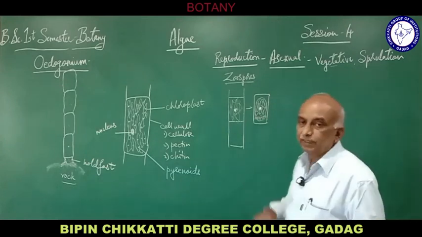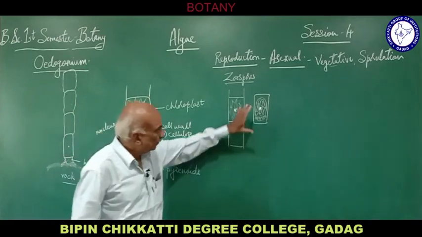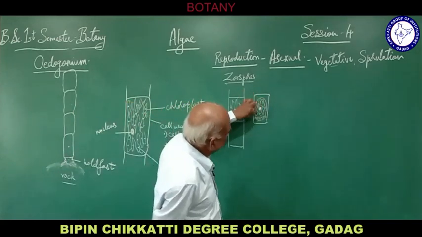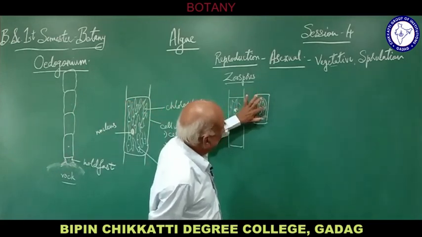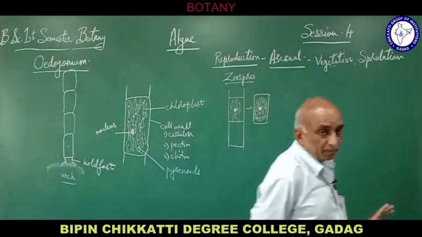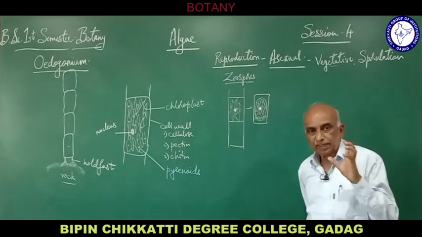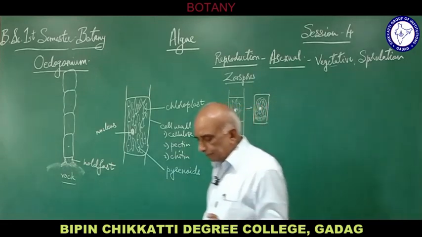Now this is actually the zoospore. The zoospore which is formed in the cell is formed by the accumulation, by the storage of the reserve food material.